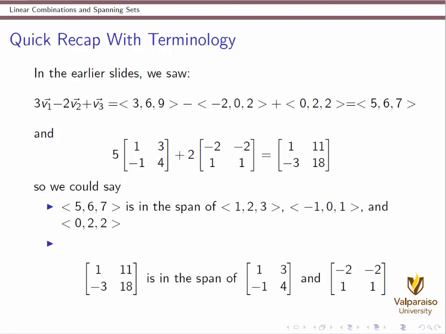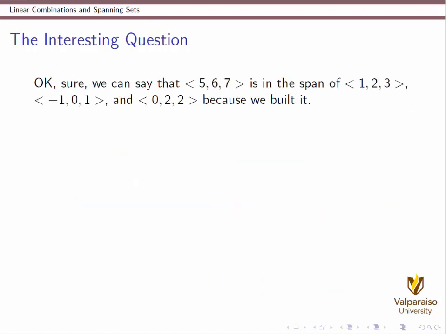And similarly, that 2 by 2 matrix that we created as a linear combination of the other two is in the span of the first two, because it's a linear combination of them. Okay, so linear combination and spanning sets are totally linked. That was the easy way to do it. 5, 6, 7 is in the span of those three vectors because we built that linear combination, and 5, 6, 7 is what we got.